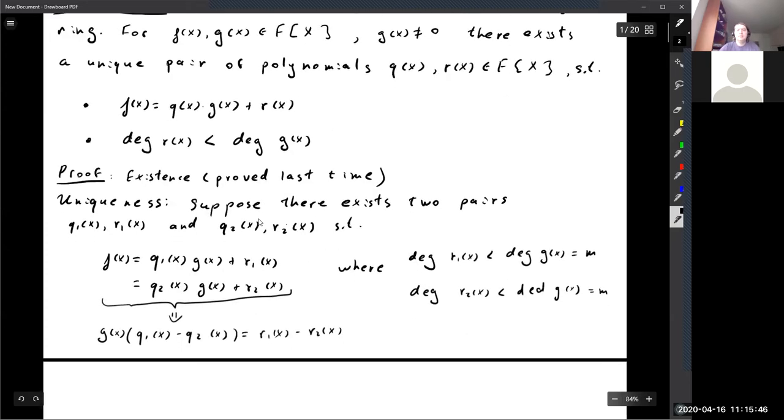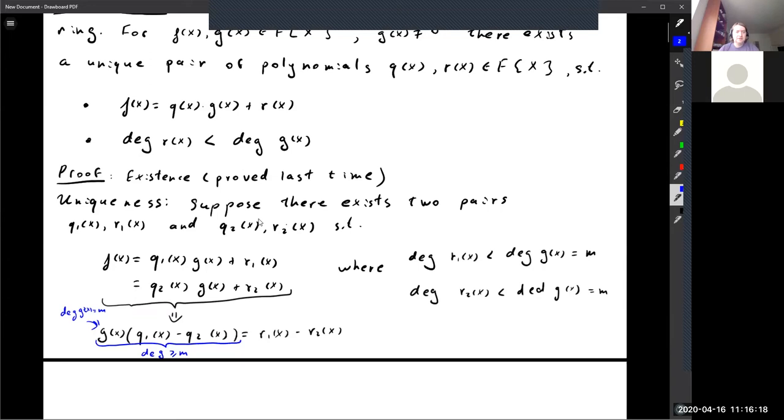So what we get here is that the degree of this is greater or equal than m, right? Because if you have a polynomial over a field, so the degree of g of x equals m, and you multiply it by any other non-zero polynomial, then sure enough you get something which has degree greater or equal than m.